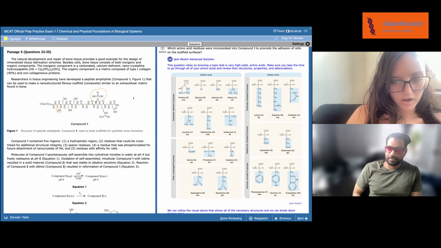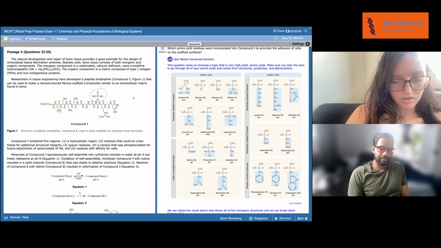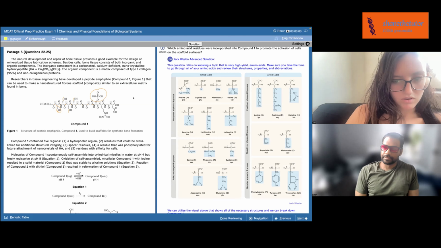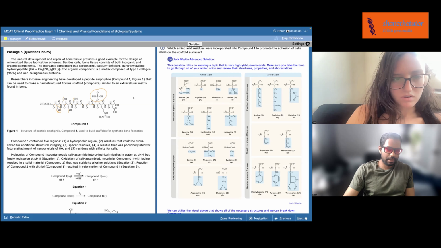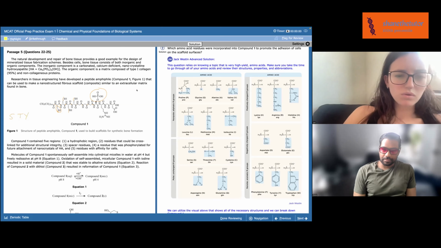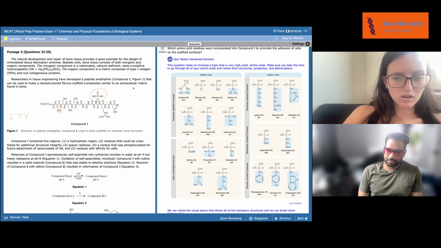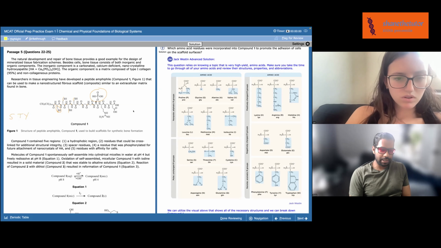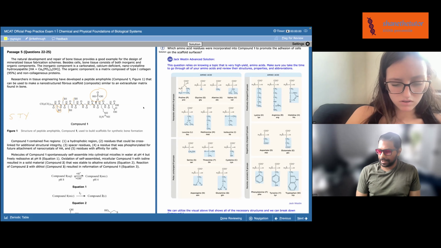Well, T and Y have the benzene ring. Nope, they don't. What do you mean they don't? I have always drawn it with the ring.